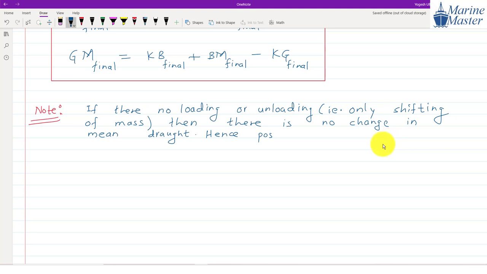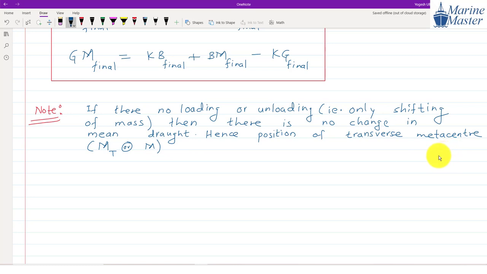Hence the position of the transverse metacenter. What is meant by transverse metacenter, guys? Can you help me? Transverse metacenter means MT or M position.